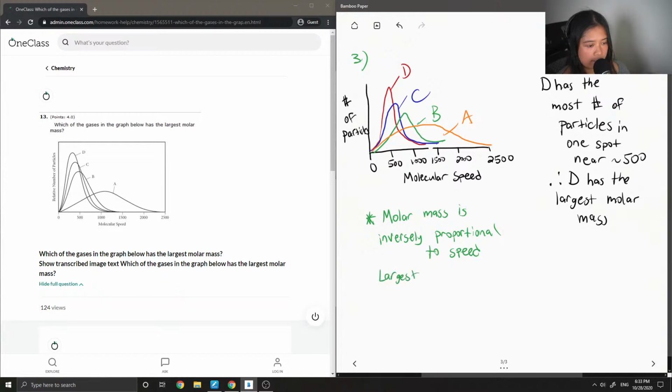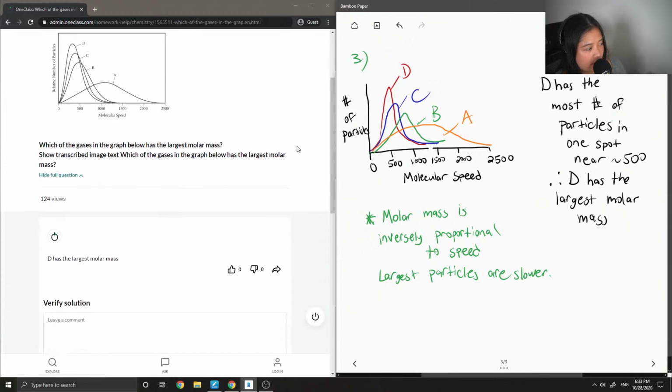You can also write it as largest particles are slower. So in this graph, A would be the fastest, and we can also tell because the particles range from 0 to 2,500 molecular speed.